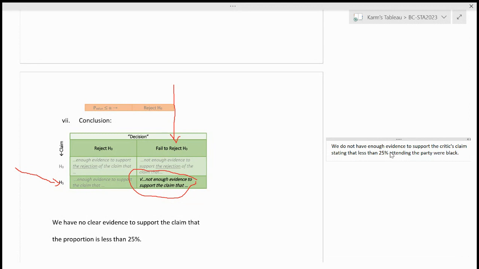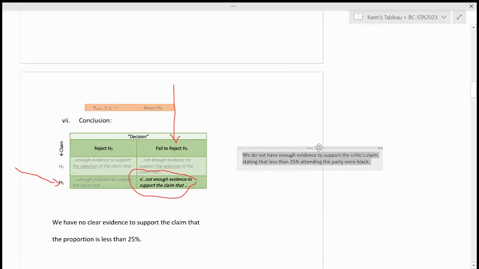Okay, so you're gonna say you don't have enough evidence to support the critic's claim, which is less than 25% of the students attending the party were black. Okay, so that's one way we'll put the answer.